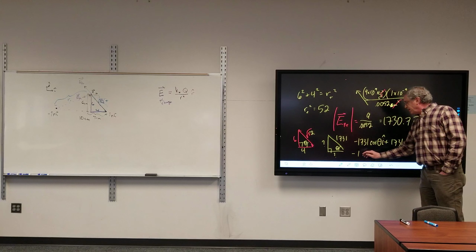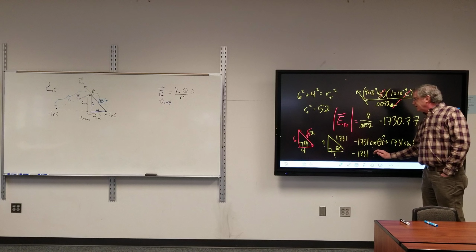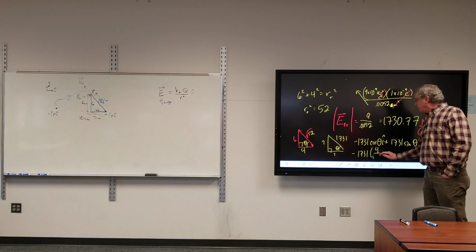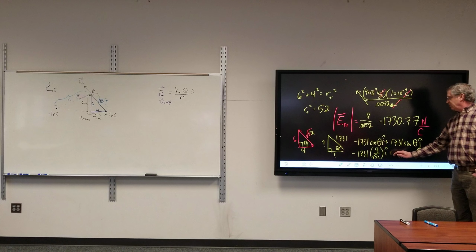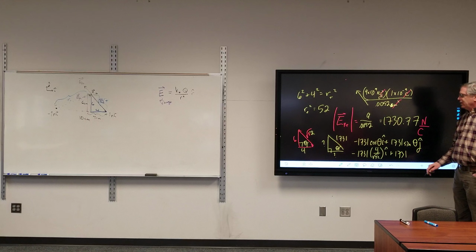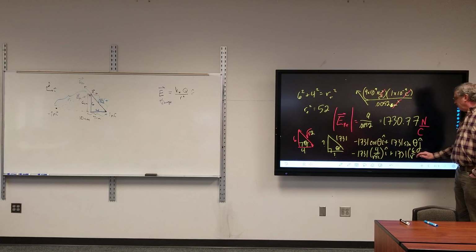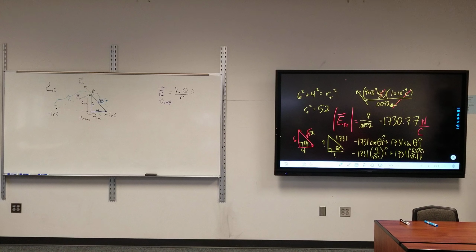And so this becomes negative 1731 times 4 over the square root of 52 I hat, plus 1731 times the opposite over the hypotenuse, 6 over the square root of 52 J hat. If you want to find the angle and then use the cosine and sine, have at it.